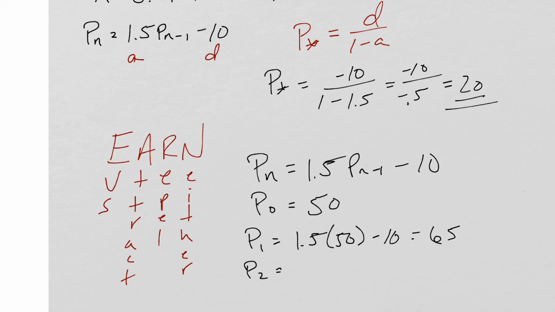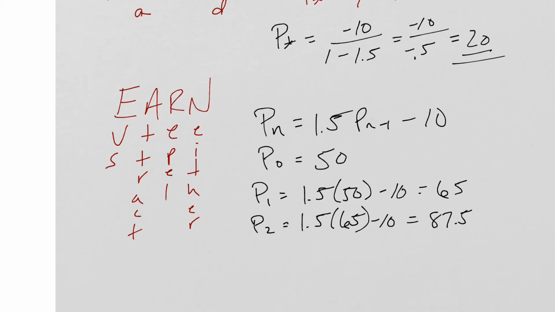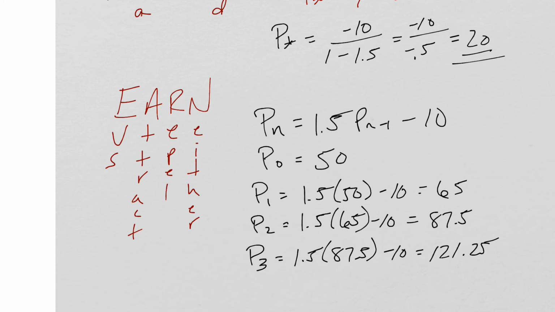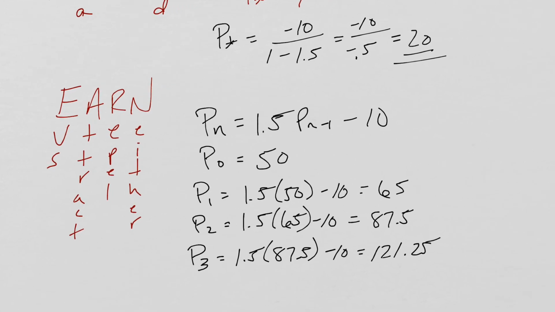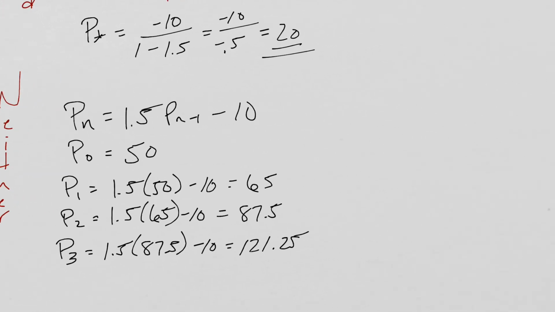And P2 is equal to 1.5 times 65 minus 10, which equals 87.5. And so I'll do one more. P3 is equal to 1.5 times 87.5 minus 10, which equals 121.25. Great. And so we can tell just from looking at this, if our equilibrium value is 20, every successive step is getting further away, which tells us that this equilibrium value is repelling.